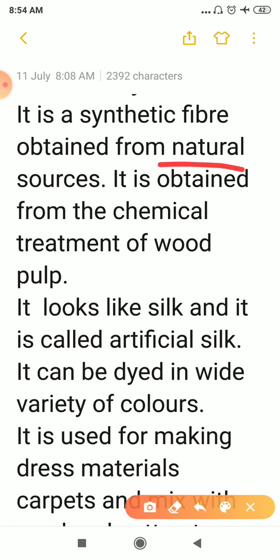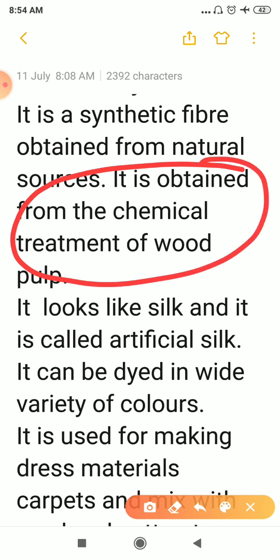Wood is natural, and it is obtained from the chemical treatment of wood, though it is a synthetic fiber. It looks like silk, that is why it is called artificial silk.